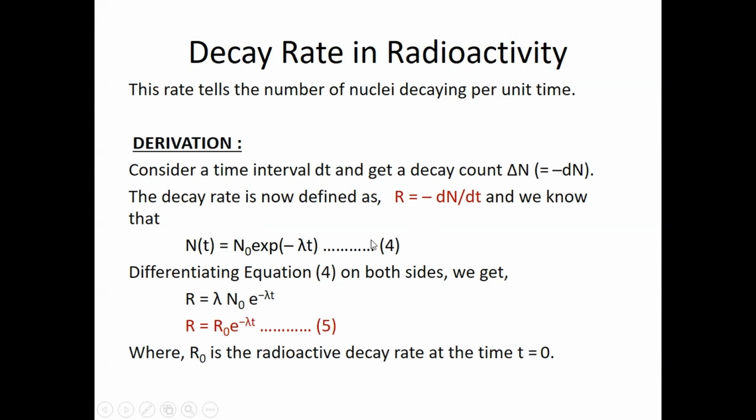Since this rate R is minus dN over dt, both minus signs cancel each other, and we get equation 5, which says that R is equal to R naught times e to the power minus lambda t. The decay rate at time t equals the initial rate R naught multiplied by this exponential decay.